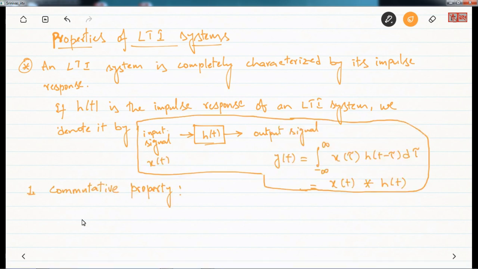So now let's get back to the commutative property. It says that if you convolve x of t with h of t or convolve h of t with x of t, both are the same.